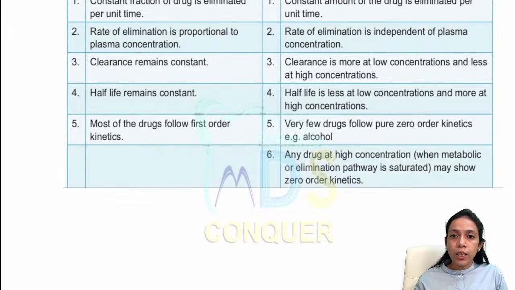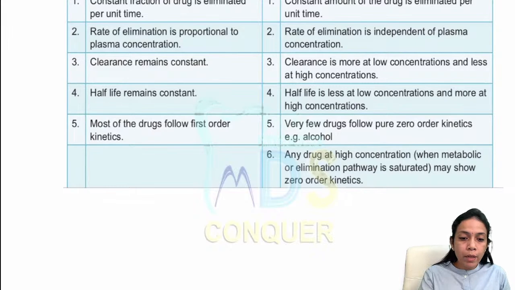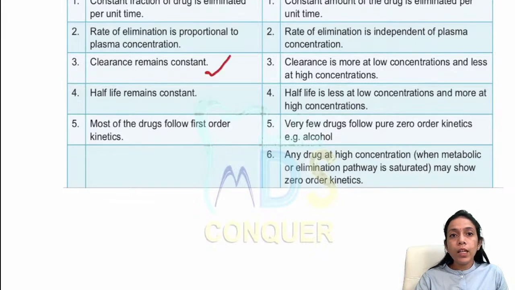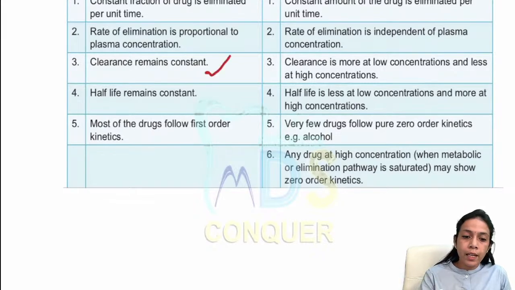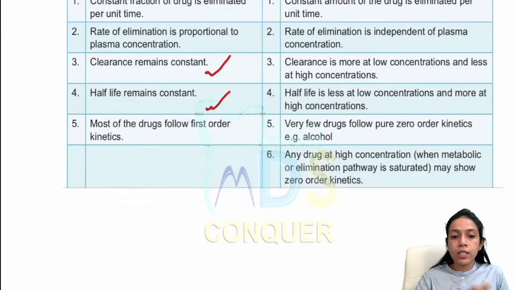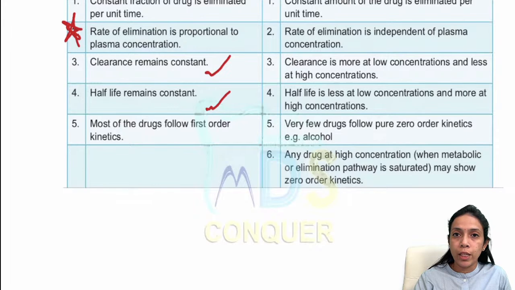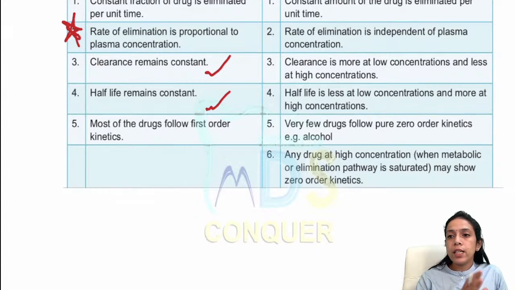What you have to remember more in true or false statements is regarding the clearance and the half-life. Clearance remains constant in first order kinetics, and half-life also remains constant. Very importantly, the rate of elimination is directly proportional to the plasma concentration. These are the important points of first order kinetics.